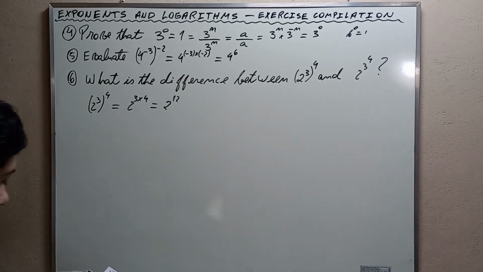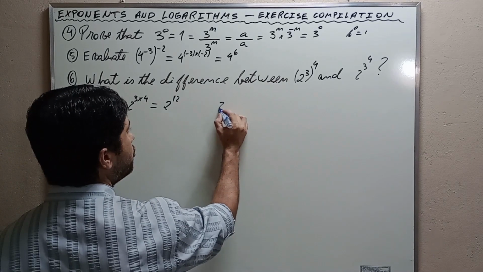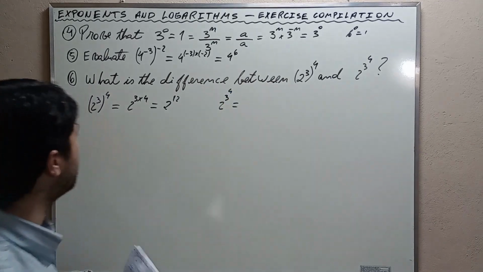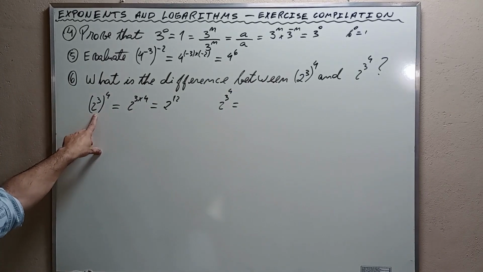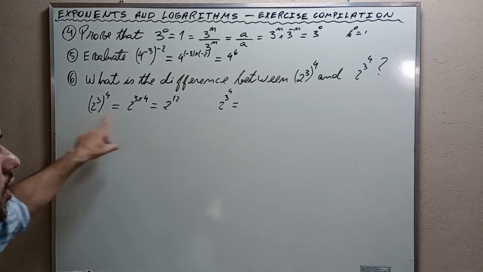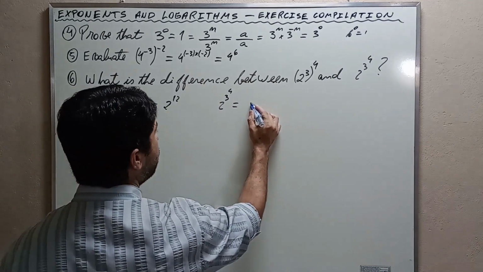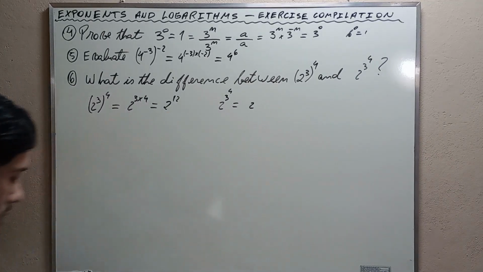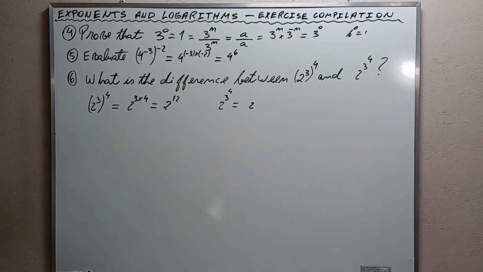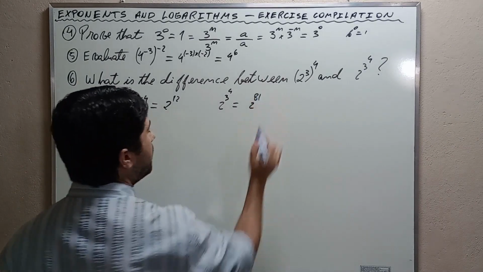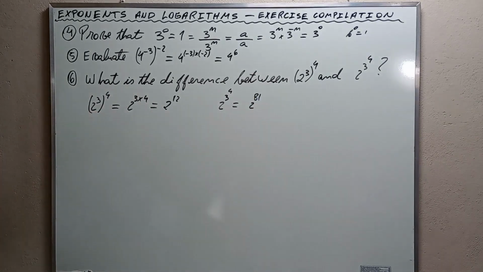In this here, 2 cubed to the 4th, it is not the entire number like this that's being raised to the 4th power. It is only 3. Then it is 2, 3 to the 4th is 81. Then it is 2 being raised to the power of 81.